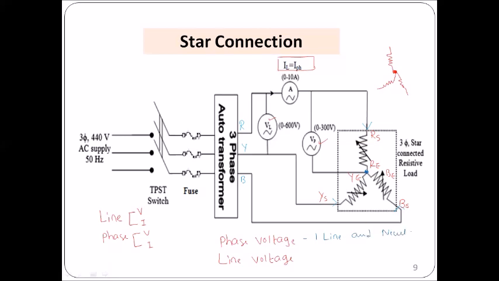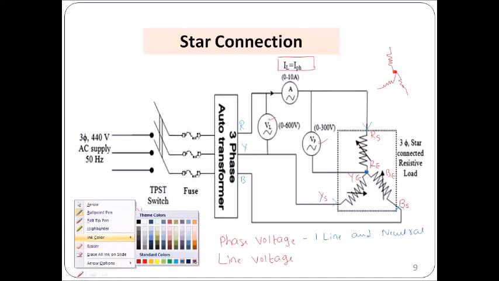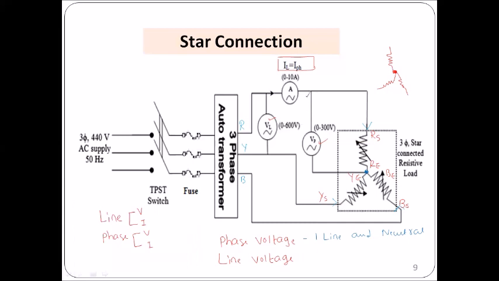If I measure voltage between one line and neutral, it is called phase voltage. You see here what measurement we are taking: we are measuring between R phase and the neutral, so this voltmeter is connected between R phase and neutral. So phase voltage is whenever we measure voltage between one line and neutral.